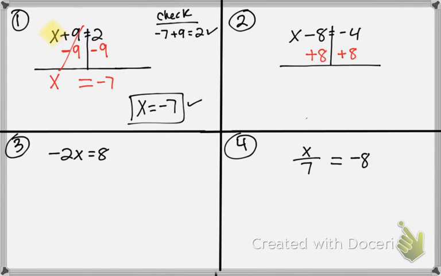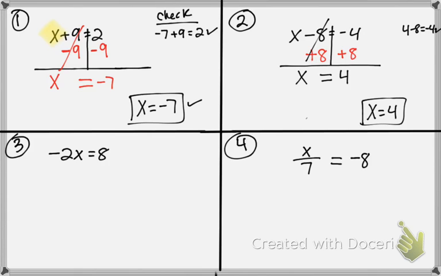So for this one, when we write it down, we have an x. The 8s cancel out. We have our equal sign, and then negative 4 plus 8 is going to give me a positive 4. So here, x is equal to positive 4. And again, we can always check. 4 minus 8 should give us a negative 4, and it does.